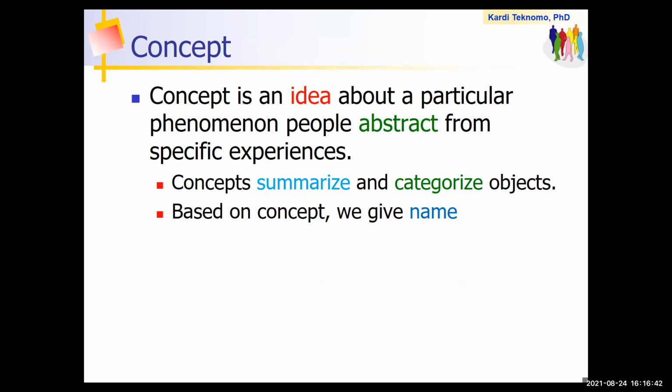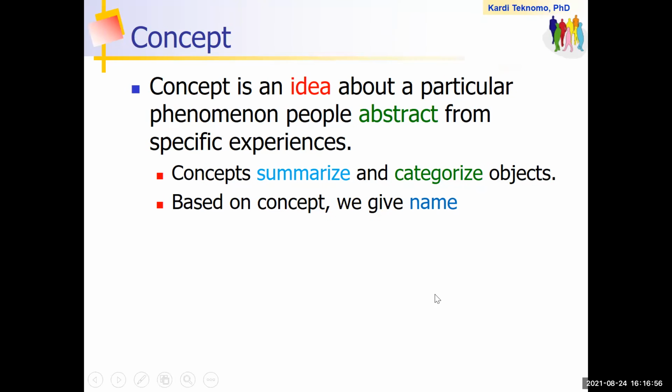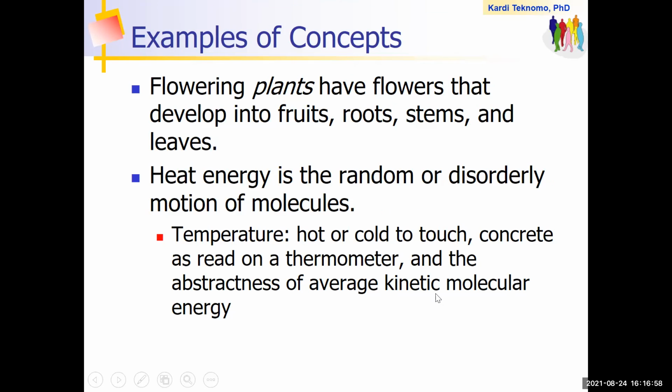So what is a concept? A concept is an idea about a particular phenomenon. People abstract it from specific experience. A concept summarizes and categorizes objects, and we can give names. Here are examples of concept.